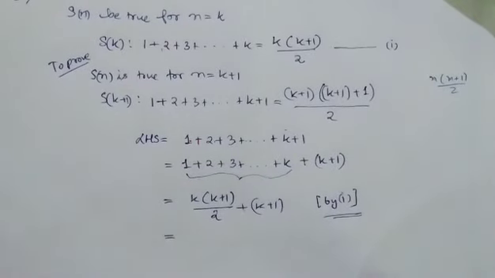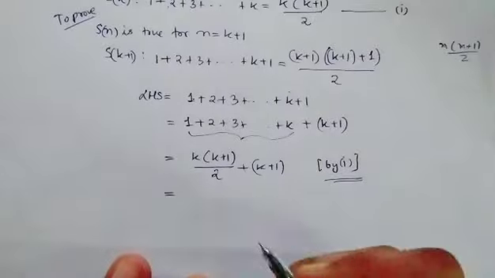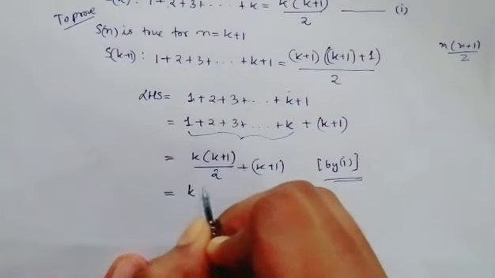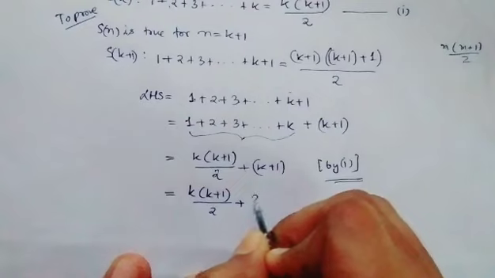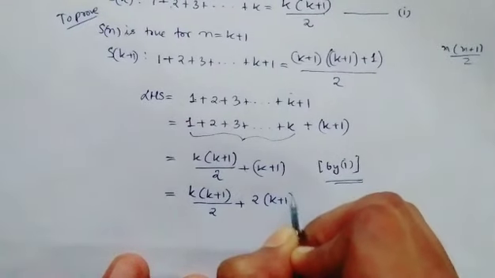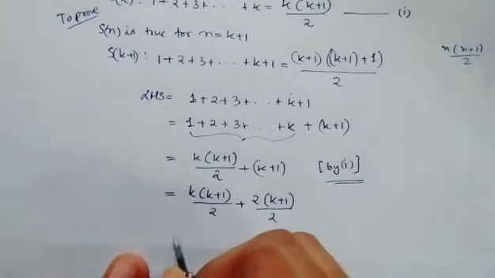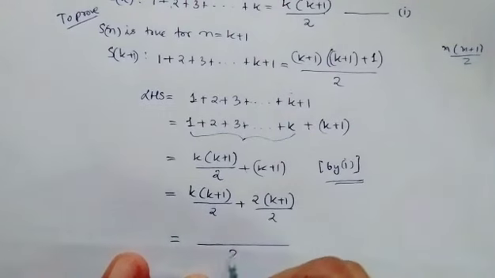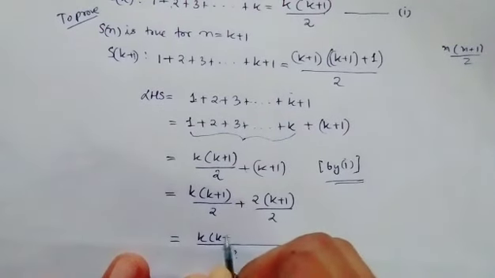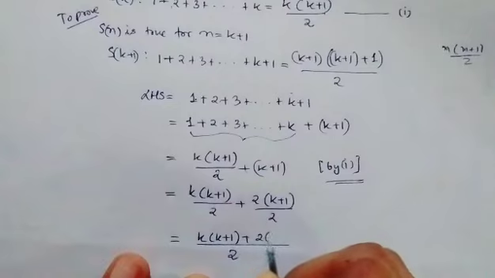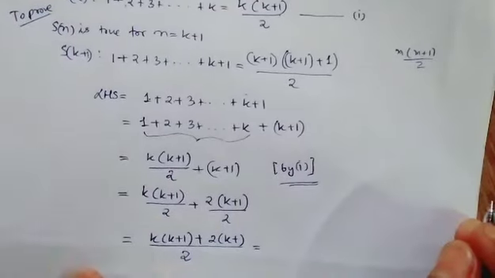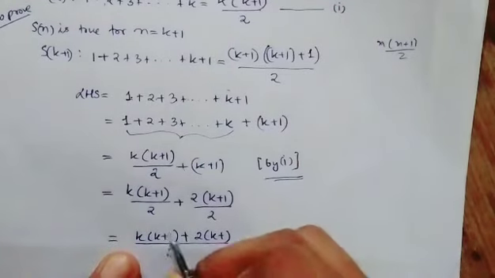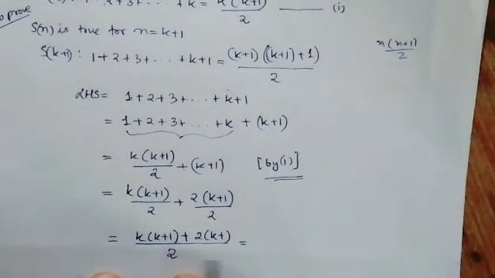Let's begin: next we can take the LCM. We take the LCM, 2, so we get k into k plus 1 divided by 2, plus 2 into k plus 1 divided by 2. So we have just taken the LCM. We see that k plus 1 is common in both the terms.